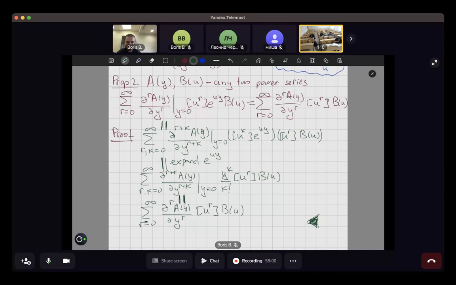And so we're done with this proposition. Do you agree? From this formulation, we get the corollary, which is written to the right in the upper line.